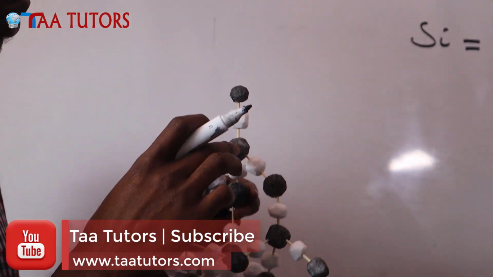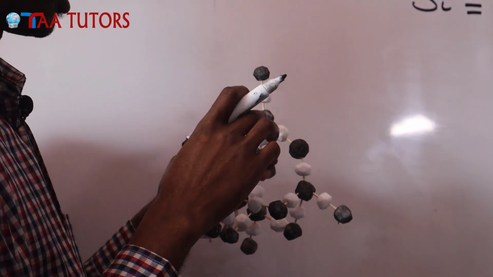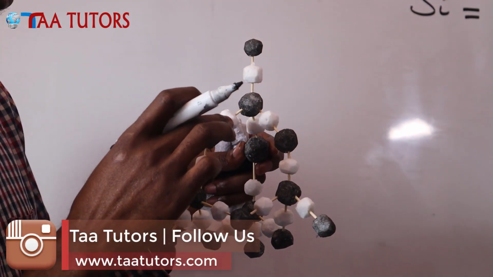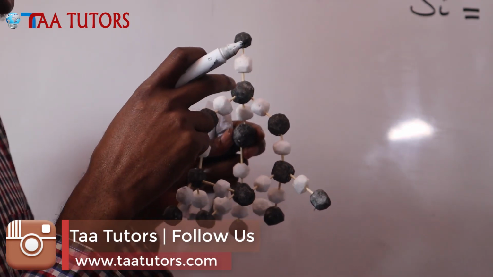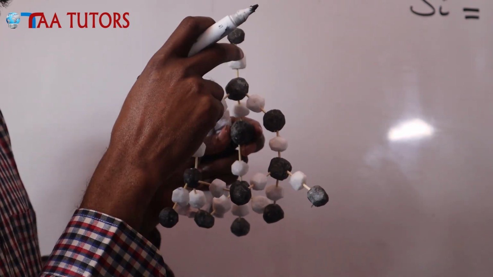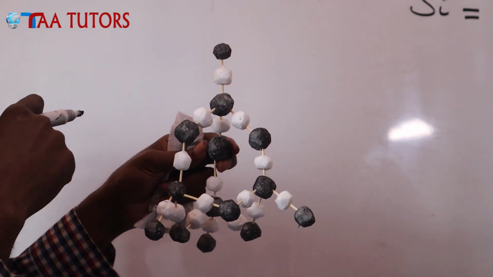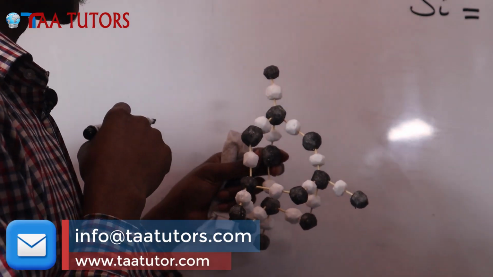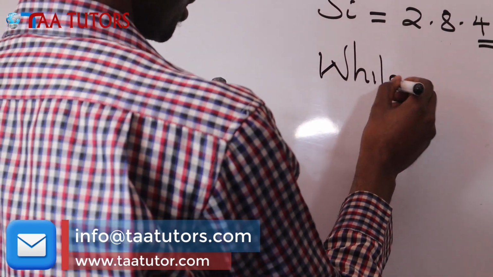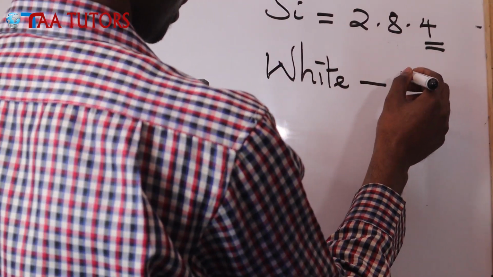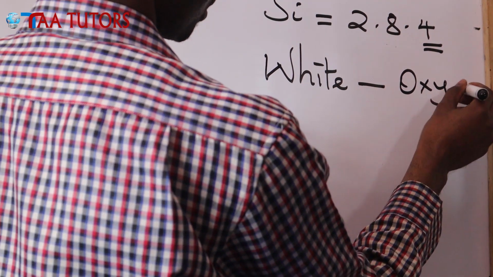I said the black pieces of polystyrene represent the silicon atoms, while the white ones represent the oxygen atoms. Now this black one, you look around it, it's attached to 4 white polystyrene pieces, which represent oxygen atoms.